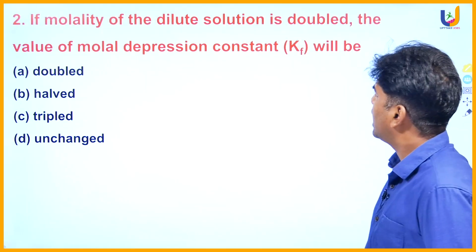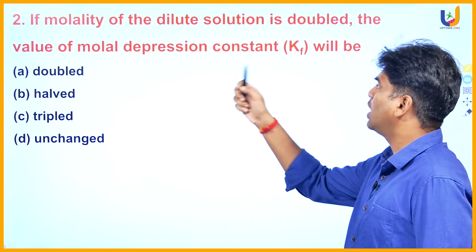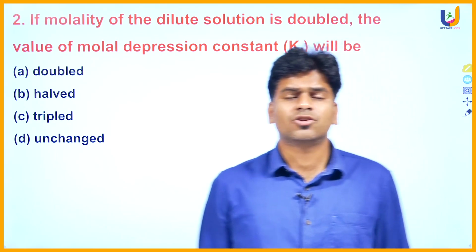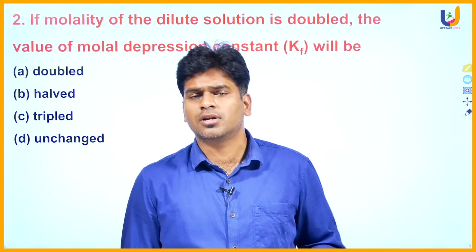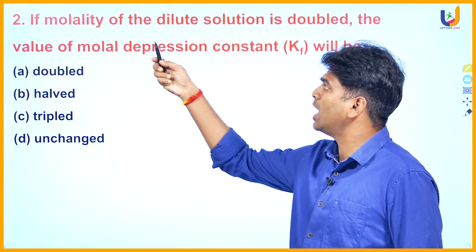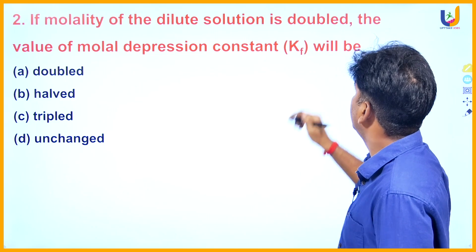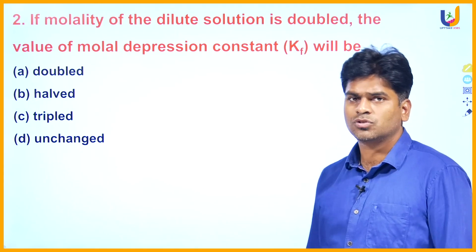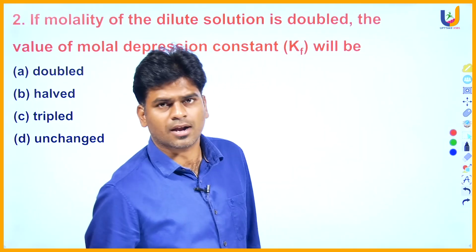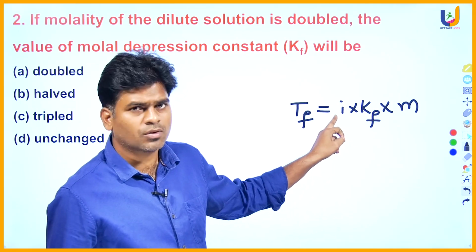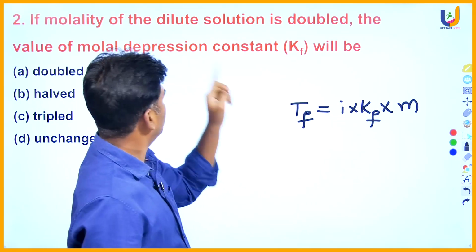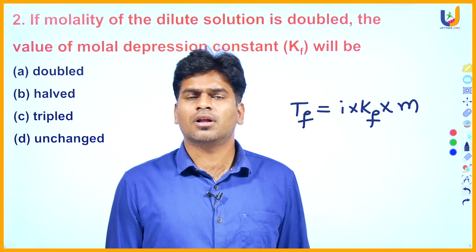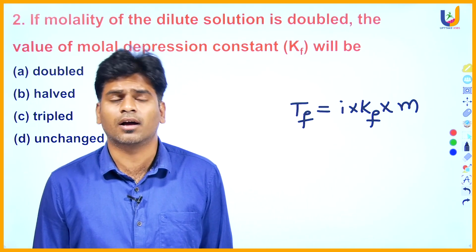If the molality of a dilute solution is doubled, the value of molar depression constant Kf will be unchanged. Why? First, you have to know the formula for depression in freezing point. Here i means van't Hoff factor, Kf means molar depression constant, m means molality, and ΔTf means depression in freezing point after adding the solute to a solvent.